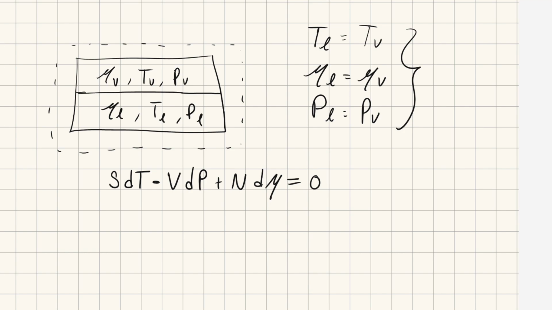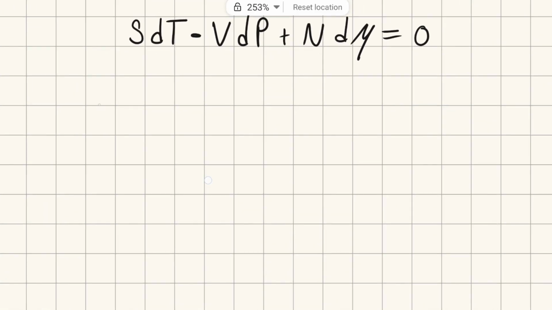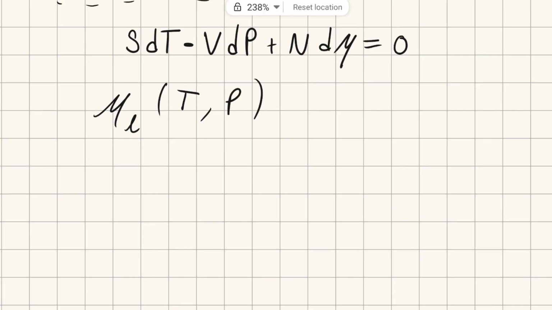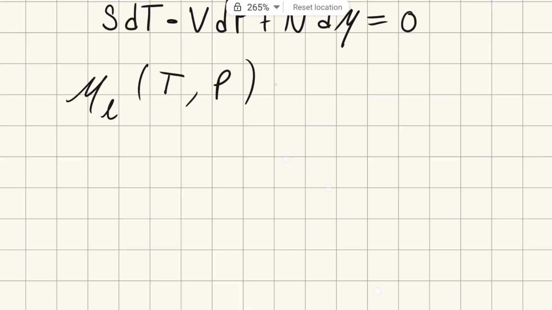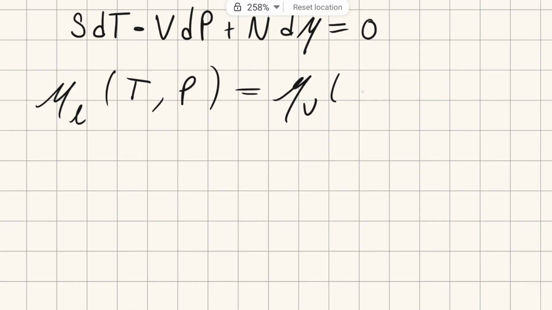That means that we can establish a function, for example, for the liquid chemical potential as a function of the variables temperature and pressure. We are in equilibrium conditions, so we can set this equal to the chemical potential of the vapor, which is also a function of the same two variables, the temperature and the pressure.